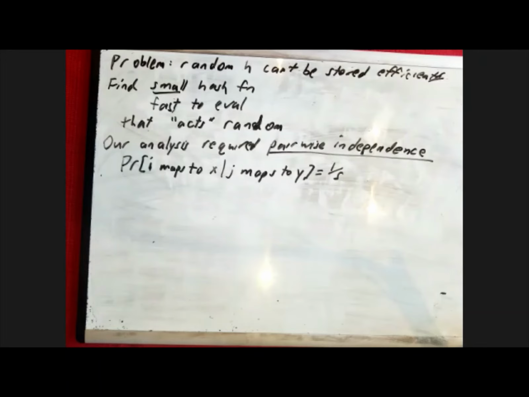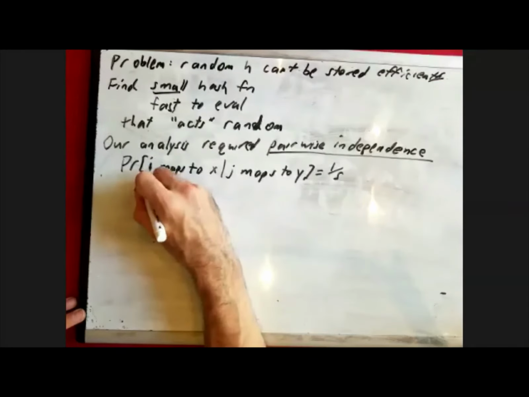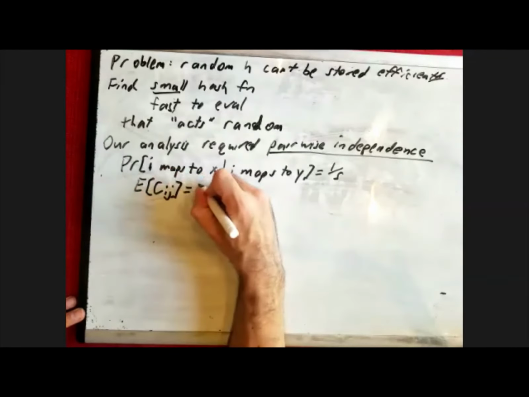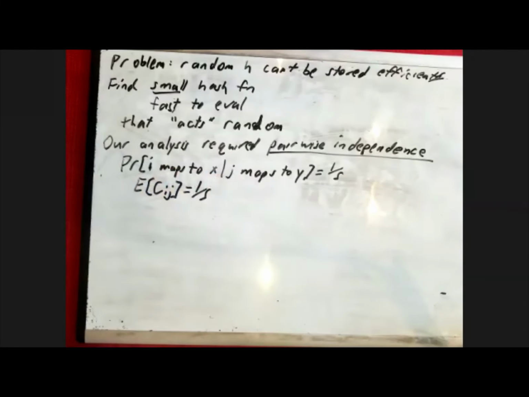We introduced indicator variables and we argued that the expected value of one of these indicator variables for a collision of a pair of items was 1 over S.